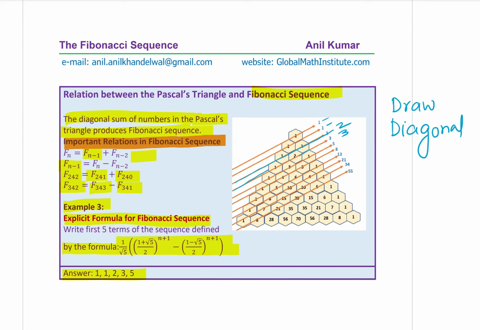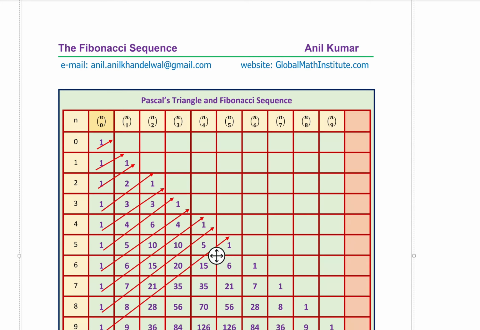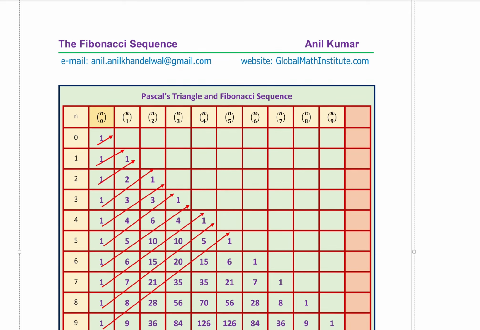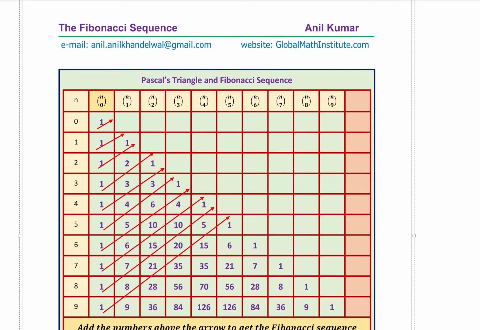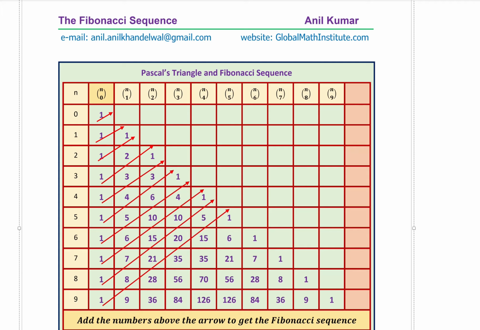Now let's take the next example, which is we are now looking at this particular Pascal's triangle when it is placed in a different format. So we are putting it like rows and columns, so that it becomes slightly easier to interpret the results. So what I've done here is again related the Pascal's triangle with Fibonacci sequence.